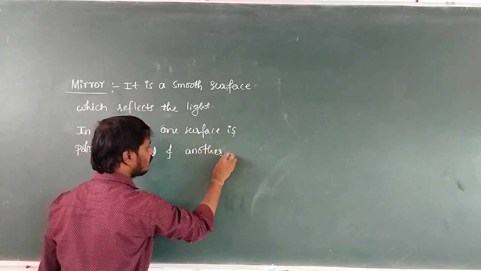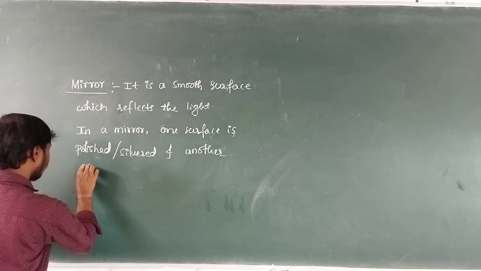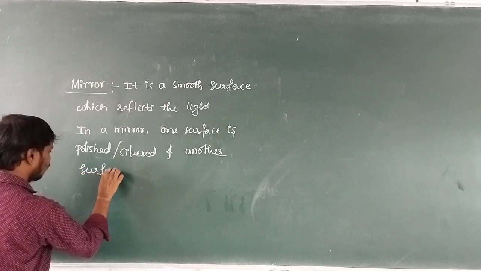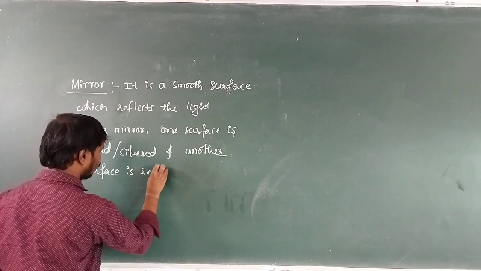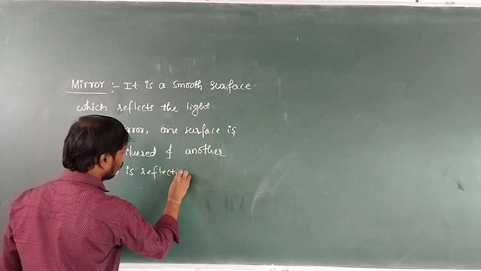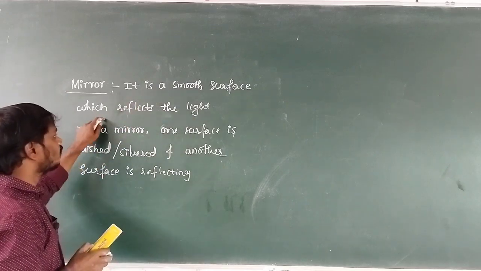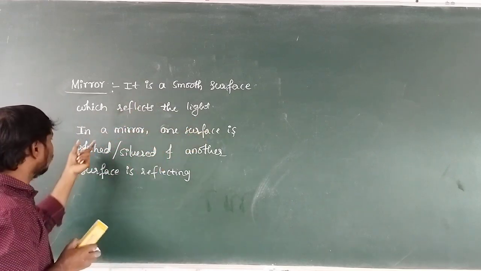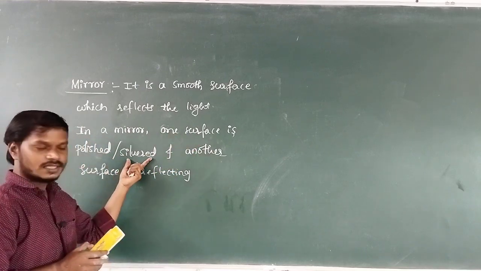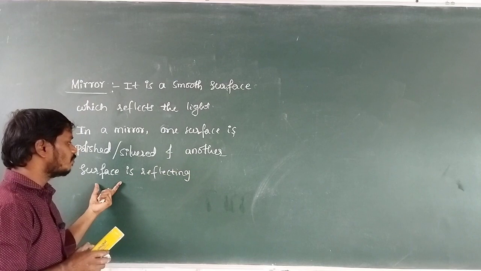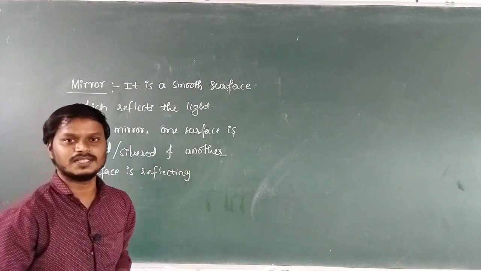At the reflecting surface, the reflection of light takes place. Once again, what is a mirror? It is a smooth surface which reflects the light. In case of a mirror, one surface is polished or silvered and another surface is reflecting. At the reflecting surface, the reflection of light takes place.